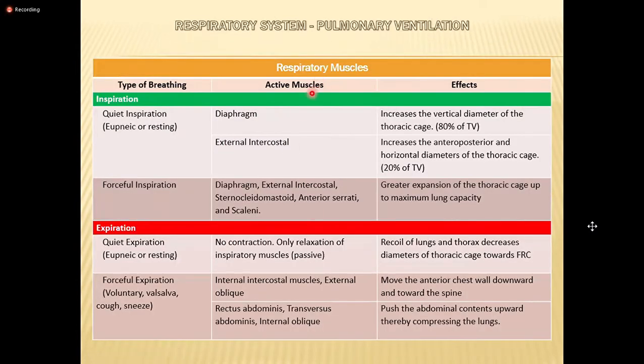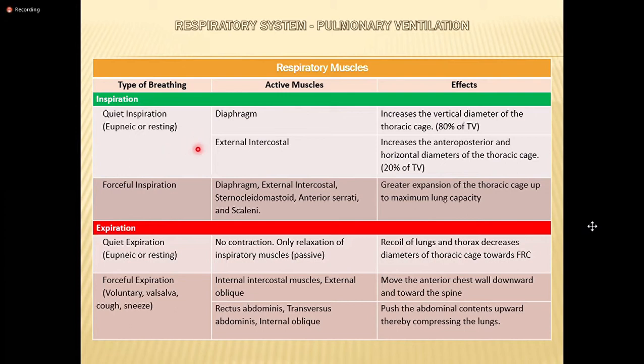So what are the respiratory muscles that are involved? During inspiration, there is quiet inspiration, that is eupnic or resting inspiration. That's why you do not realize that you are inhaling already, because that is a reflex. It takes place without you being conscious about it, unless you do it consciously.